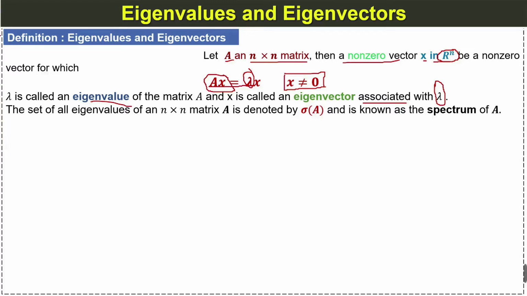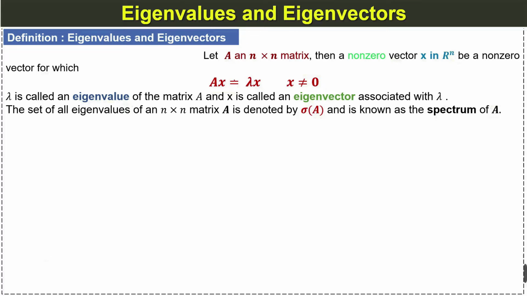Okay, so the set of all eigenvalues of an n cross n square matrix A is denoted by this one and is known as the spectrum of the matrix A. Okay, so this is the definition of eigenvalues and eigenvectors.